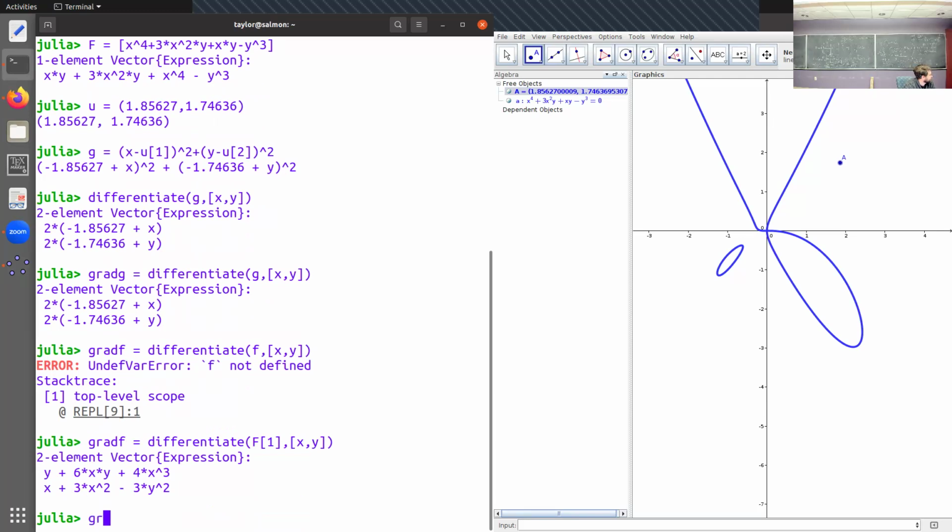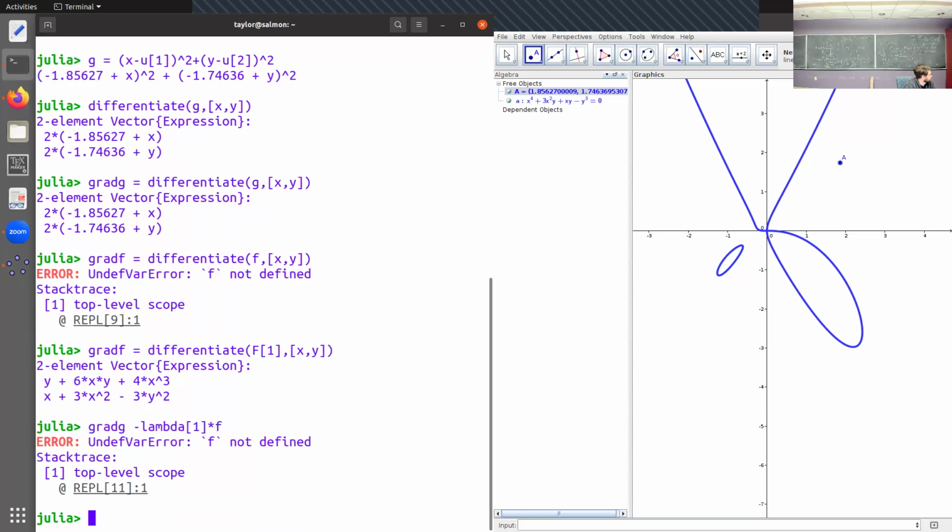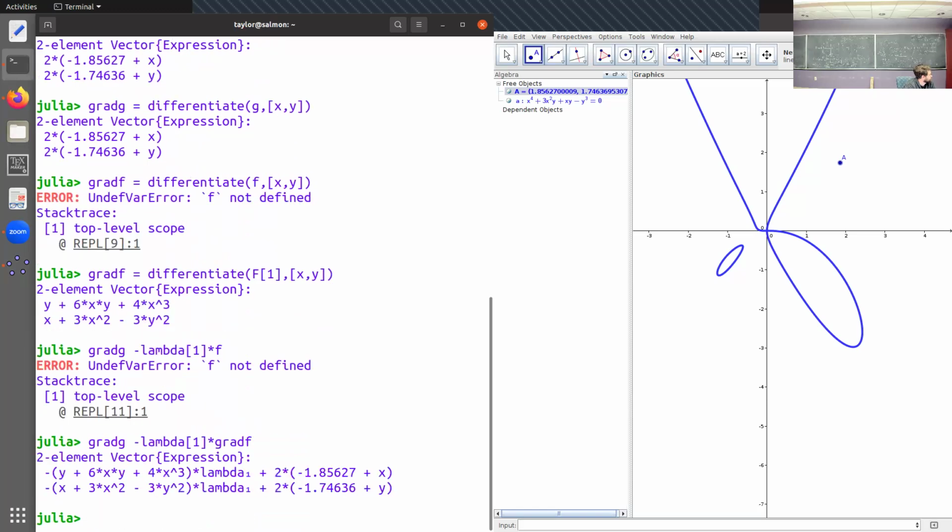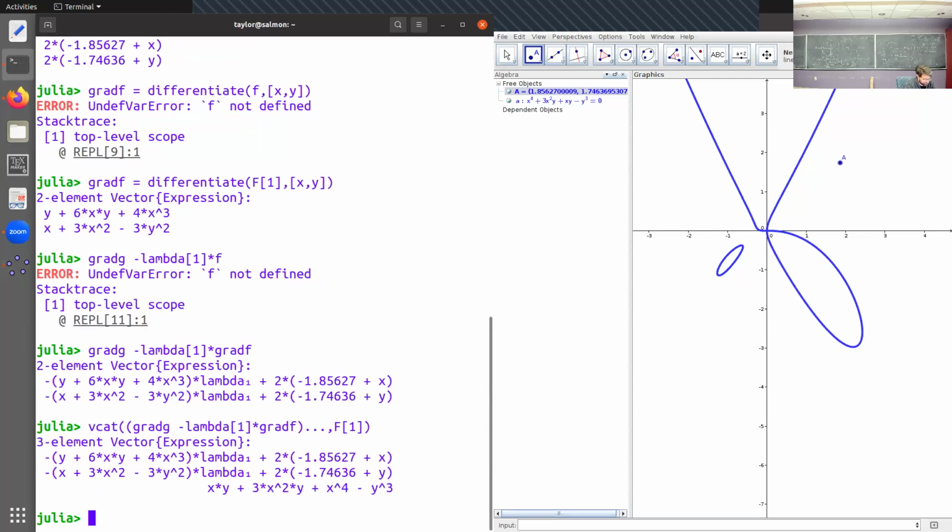Because all I'm asking for is that grad G is equal to lambda 1 times grad F. And if along with that I add this equation, then I make a polynomial system out of it.